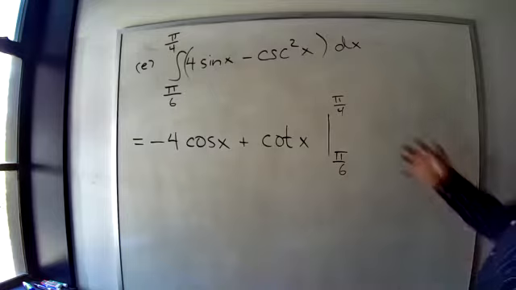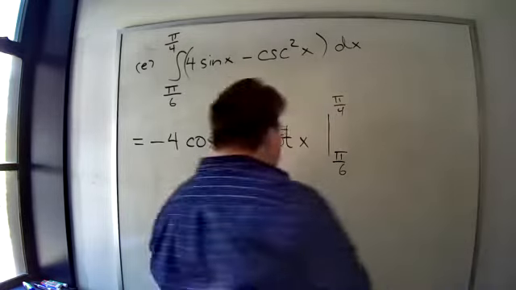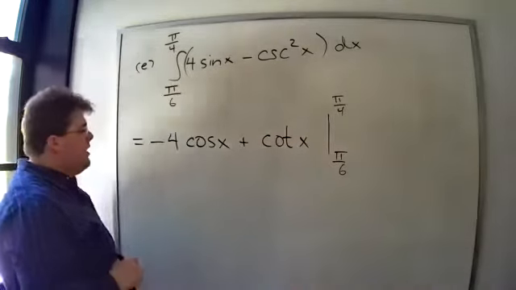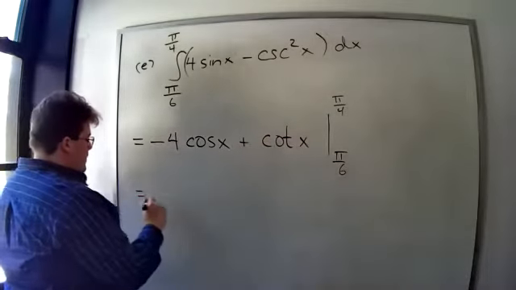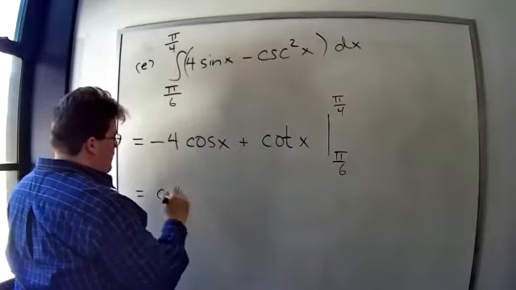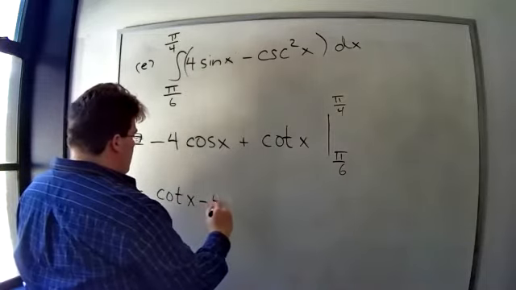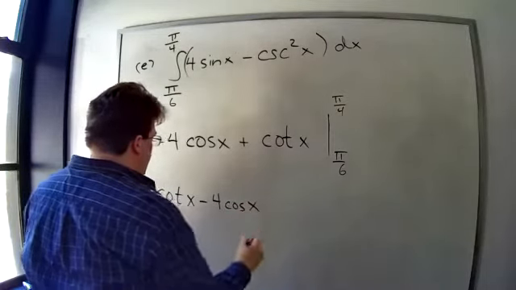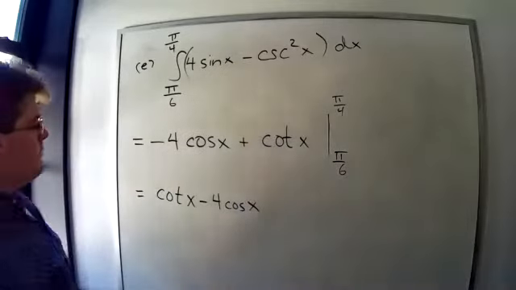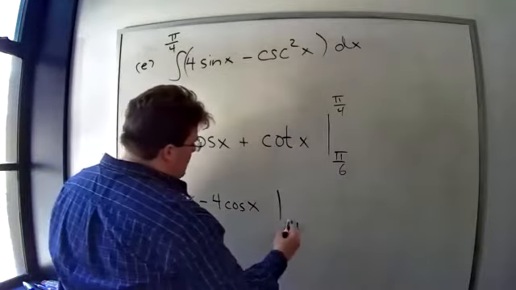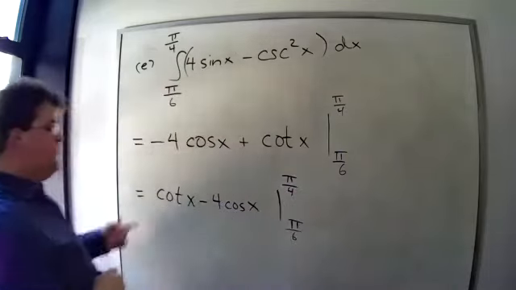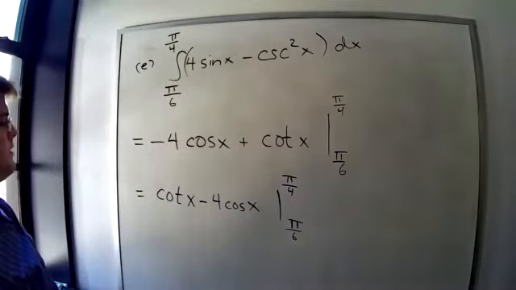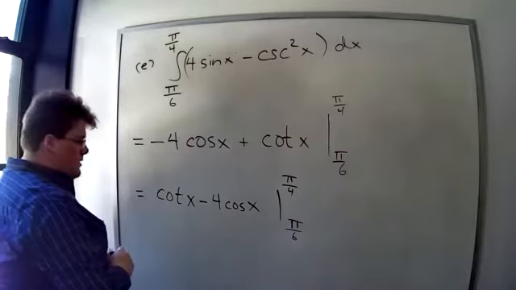You could flip the bounds around and make it 4 cosine minus cotangent. All I'm going to do is write it like this so that there are fewer negatives to deal with. So I'm just going to move the cotangent out front and still evaluate it. We didn't change anything, we just rewrote the sum.